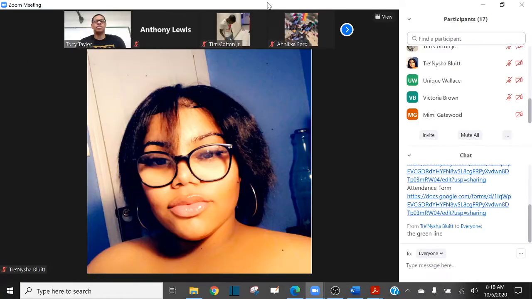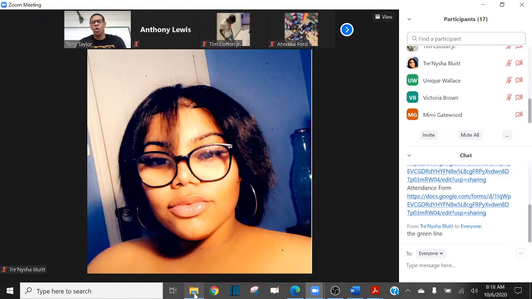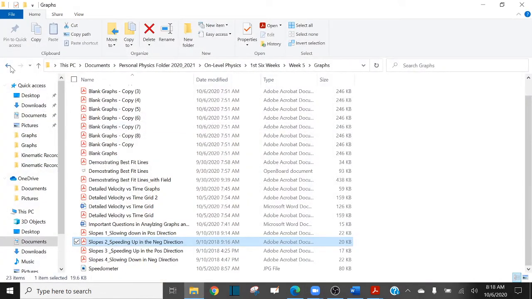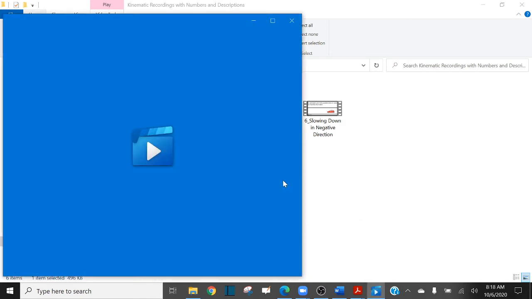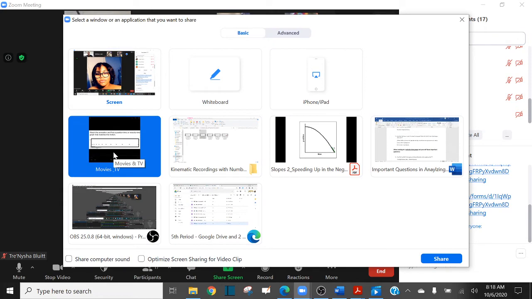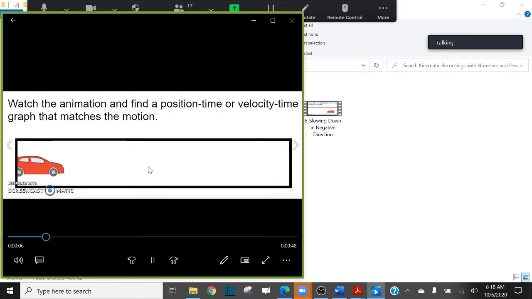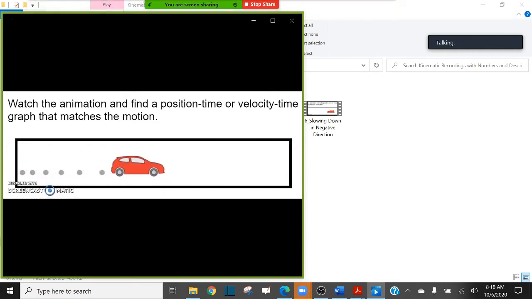Okay, so let's look at some more examples. What about this right here? For this particular motion map, you guys should notice two things.